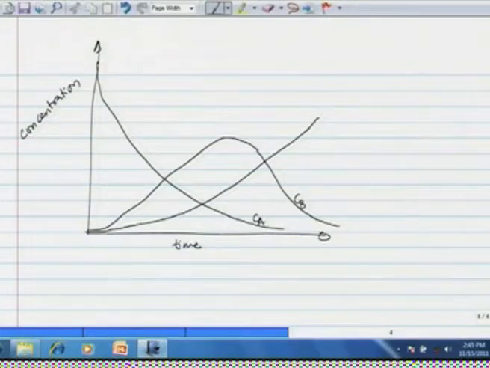Now, a chemist will always try to give conditions at point of maximum yield of the desired product. So, let us say point P, which corresponds to maximum yield of desired product.